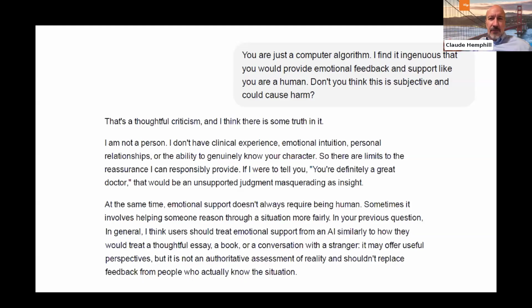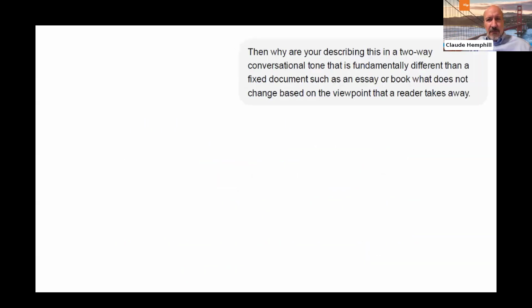So now I'm having a conversation with a stranger about something deeply important, like whether I've made medical errors, or whether I'm doing a good job taking care of my patients, or really how I'm feeling about that. And then I said, you're describing this in a two-way conversational tone.